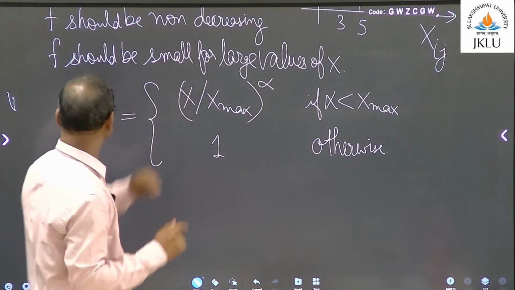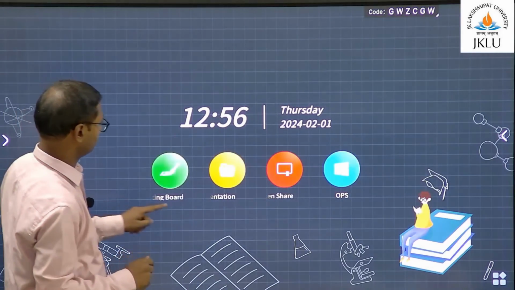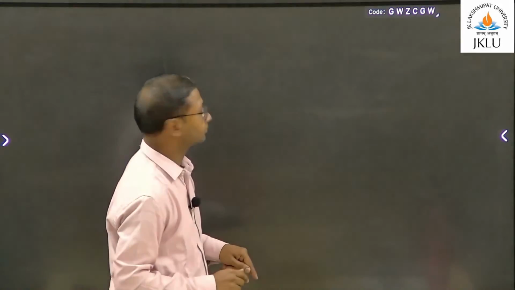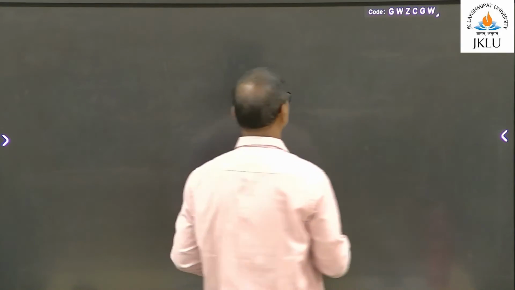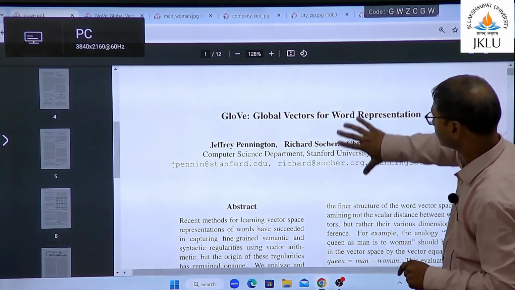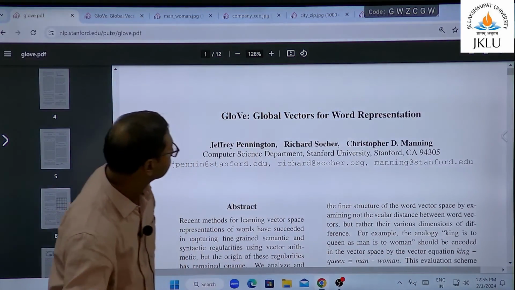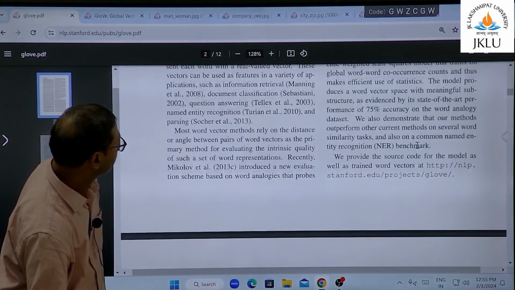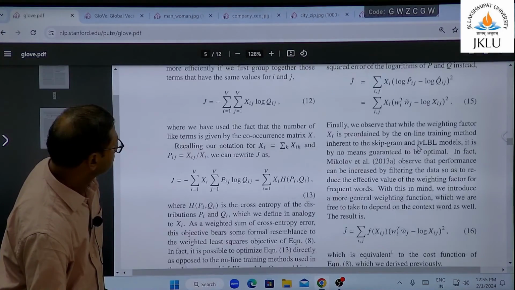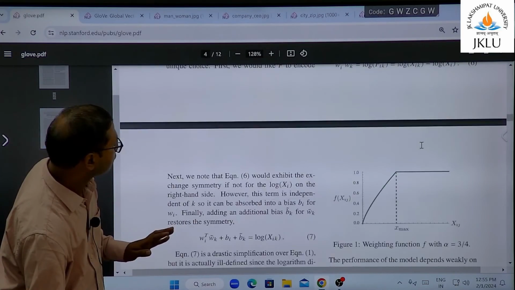Okay. Now from here I will switch to the paper. This one, okay. So they say that for their work this function works well.